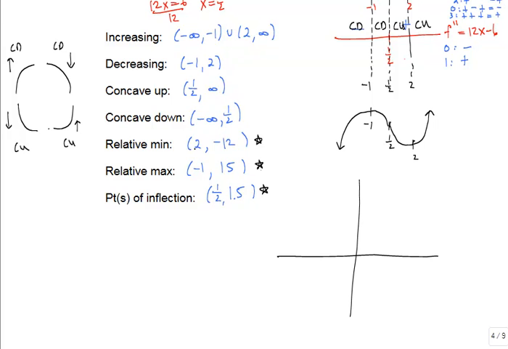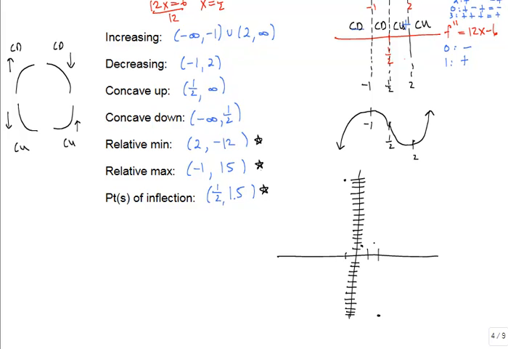So I'm going to plot 2, -12. So that would be right about here. -1, 15. So that would be right about here. And then 1/2, 1.5.